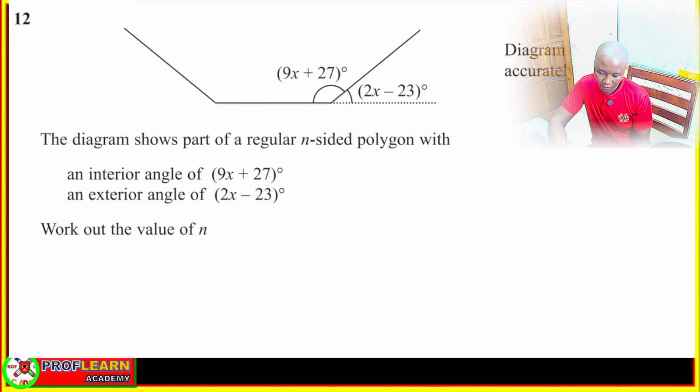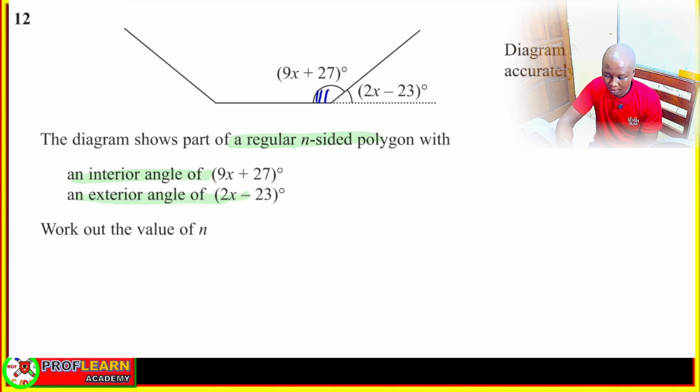And here we are given a diagram that shows a regular polygon. We have an interior and an exterior angle at that particular point. We are supposed to find the number of sides. If you are given a question like that, remember that this interior angle plus the exterior angle form 180 degrees.